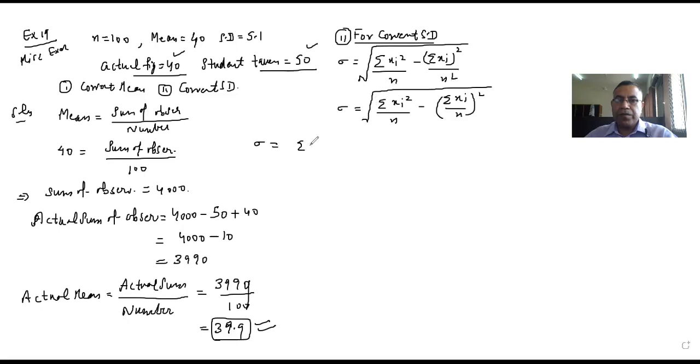This is the formula to calculate the standard deviation, which is equal to sigma xi square upon n minus mean whole square, because sigma xi upon n is equal to mean.